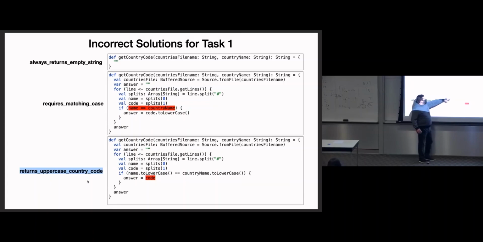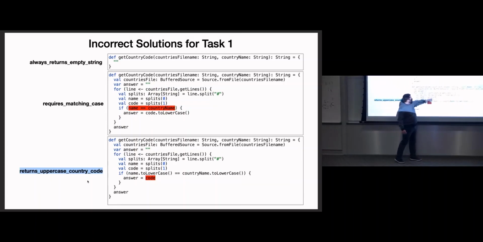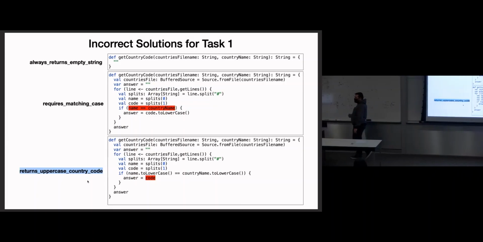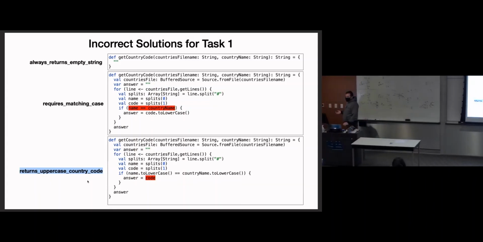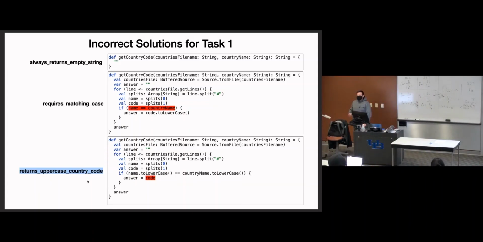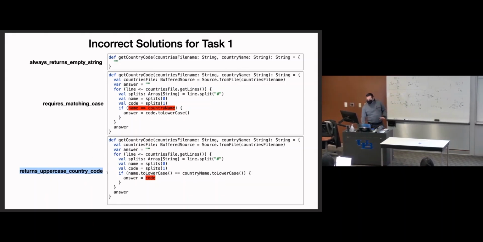Instead of calling toLowerCase on the country code from the file, it just grabs the country code from the file and returns it in uppercase letters as it appears in the file, and that's what makes that one incorrect. So any test case will get that one, and then you're going to be good on that for testing.